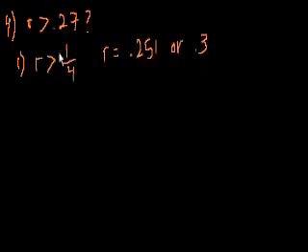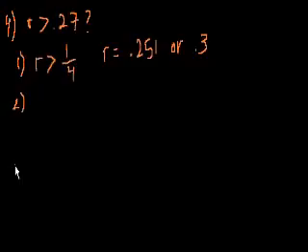Well, that is 0.25, so R could still be equal to 0.251, right? It could be 0.251 or it could be 0.3. So this really doesn't give us any information. We don't know whether R is greater than 0.27.